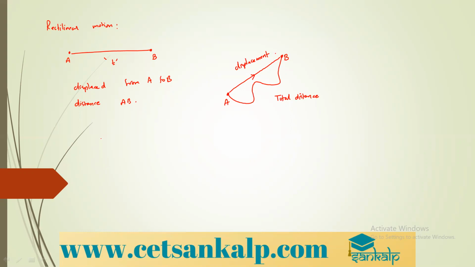Now, in motion, displacement is dependent on time. It is a function of time. So displacement we usually denote by the letter S. S of t will be the function.